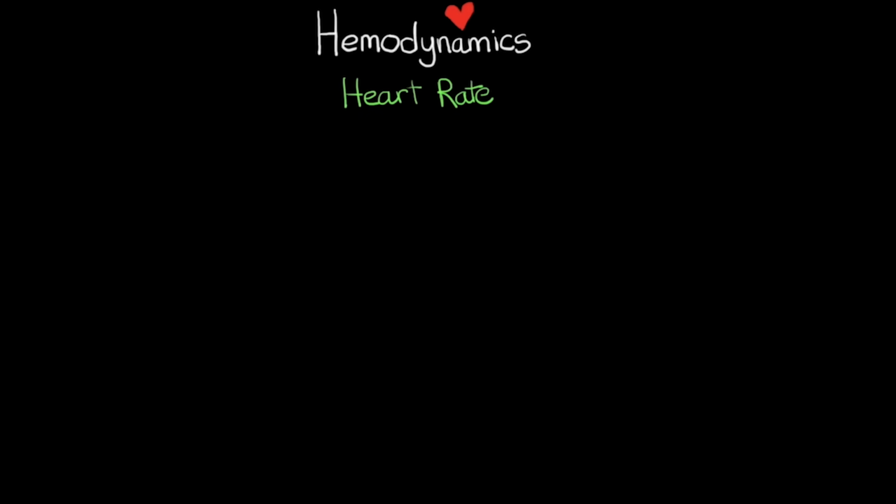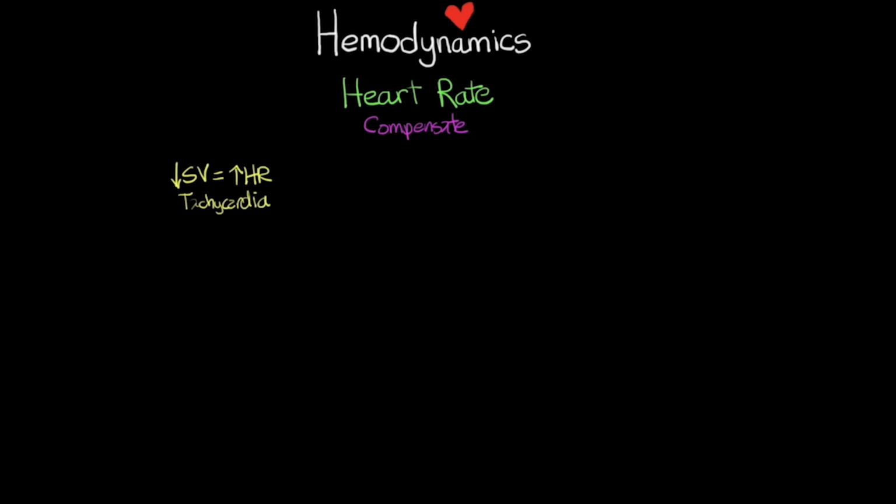And like we just talked about with the heart rate, the big important thing with the heart rate is its goal or its job is to compensate. So it's going to compensate for changes in our stroke volume. So let's say, for example, we have decreased stroke volume. What this is going to lead to is an increase in our heart rate, which oftentimes we refer to as tachycardia.